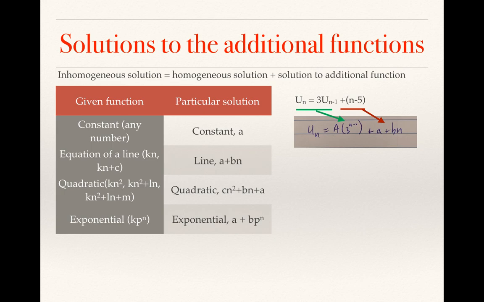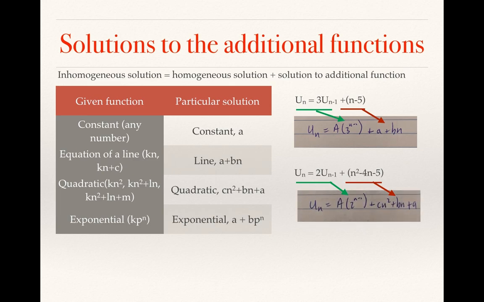So 2 more examples. If your difference equation looked like that, the thing underlined in green, 2u of n minus 1, that's your homogeneous part. It has a homogeneous solution to it. The thing underlined in red, the highest power of n is 2, so that means it's a quadratic form. And then we're going to add the 2 solutions for the thing in red and the thing in green together to give us something like that.